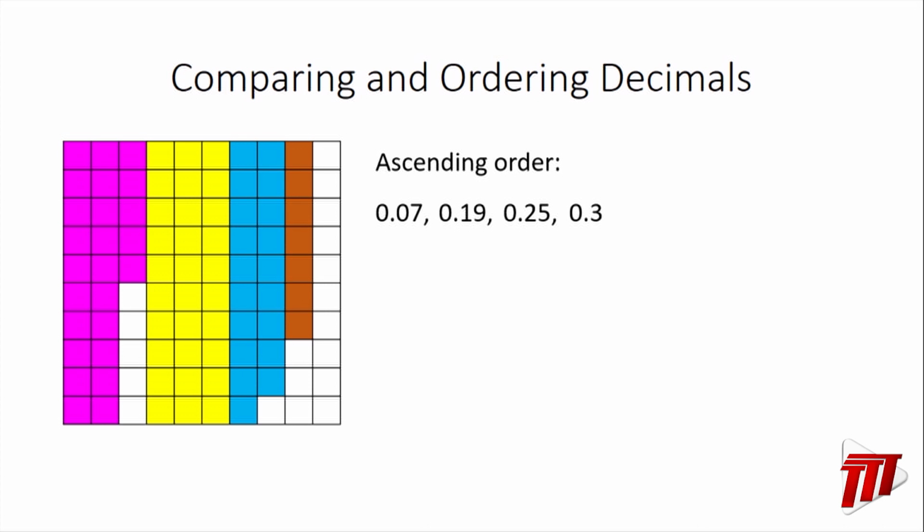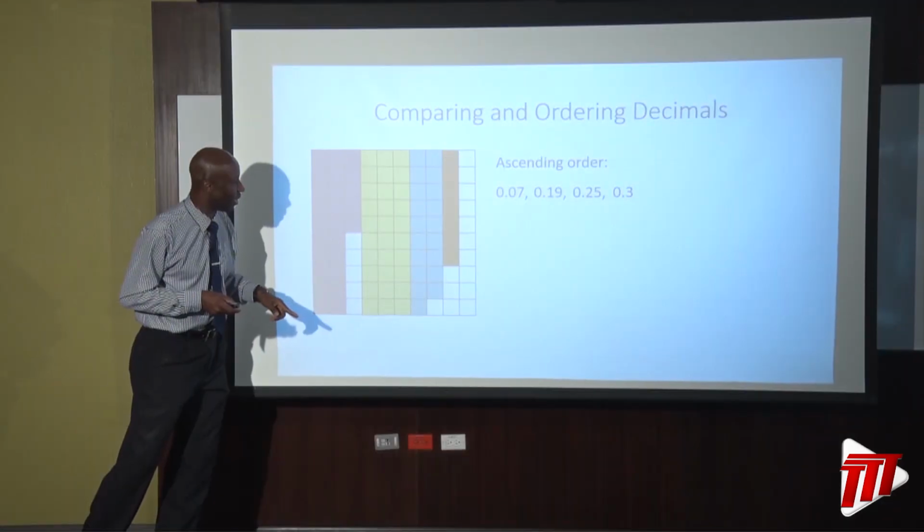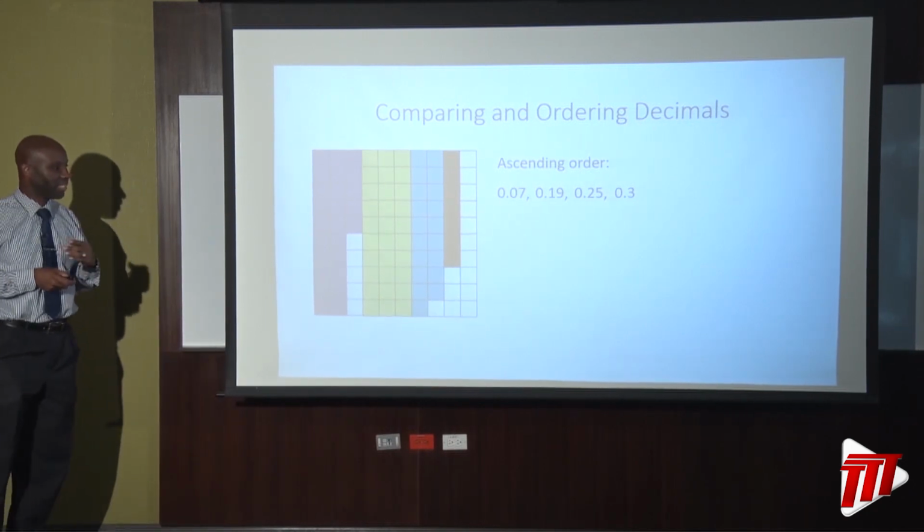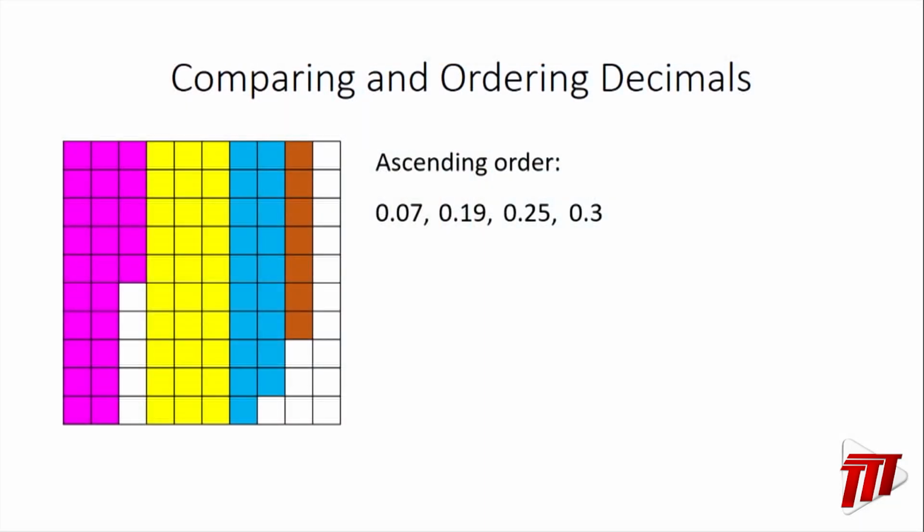But 3/10, as I have been painstakingly reinforcing, every 1/10 is equal to 10 hundredths. Therefore, 3/10 would be 30 hundredths. So that is ascending order: 7 hundredths, followed by 19 hundredths, followed by 25 hundredths, followed by 30 hundredths, or 3/10.